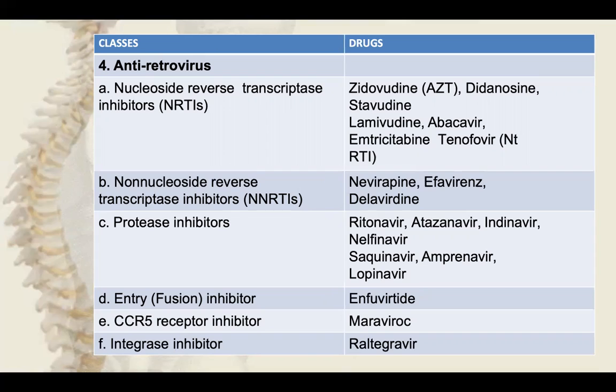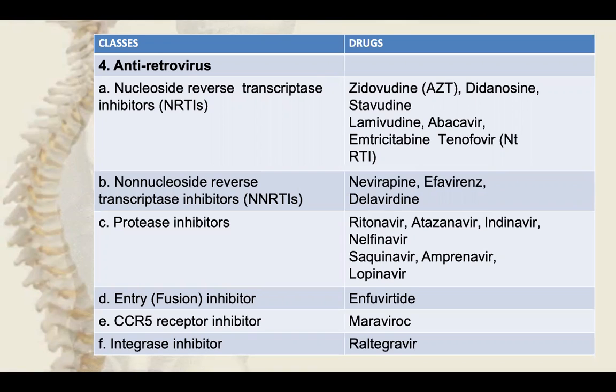Then non-nucleoside reverse transcriptase inhibitors are nevirapine, efavirenz, delavirdine. Then protease inhibitors: ritonavir, atazanavir, indinavir, nelfinavir, saquinavir, amprenavir, lopinavir.